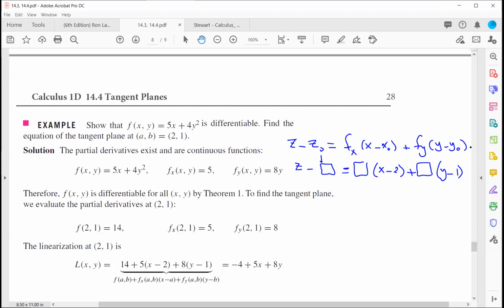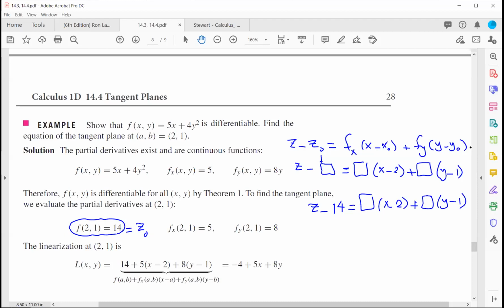If you plug in 2 for x, 1 for y, you can find your z value. f of 2 and 1 is equal to 14, and 14 is z sub 0. So z minus 14 is equal to f sub x times x minus 2, plus f sub y times y minus 1.